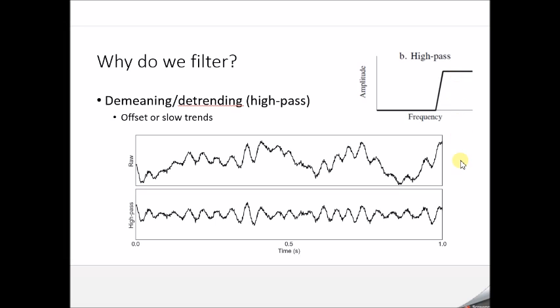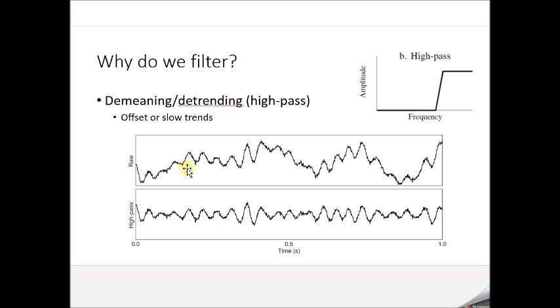An example of that is up at the top. We have a signal that has a low frequency trend, some oscillations here that look to be about 20 Hertz, and some high frequency noise up top. And perhaps we don't want this low frequency trend in the signal.